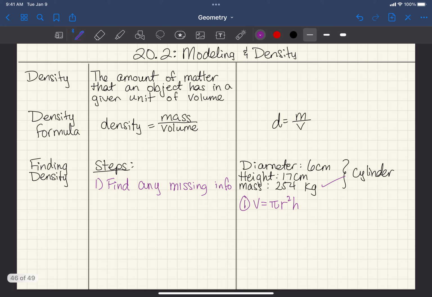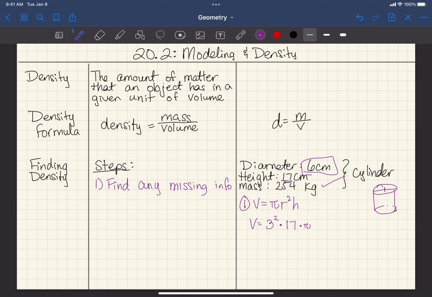So I'm just going to go ahead and replace my values. Remember that my diameter here is 6, meaning that's the entire length across the cylinder, right? But I need half of it, so I'm going to divide 6 by 2 to get 3. So 3 squared times my height of 17 centimeters times pi.